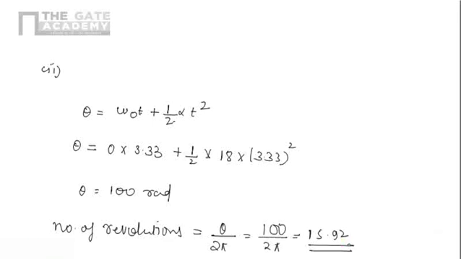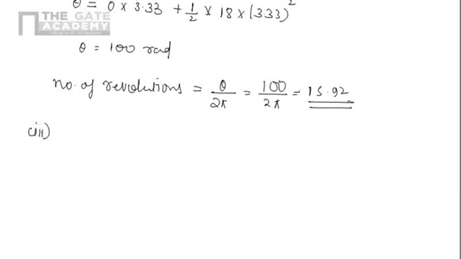Now for the third part, we have to find the total acceleration. First find the tangential acceleration. Tangential acceleration AT is r alpha.